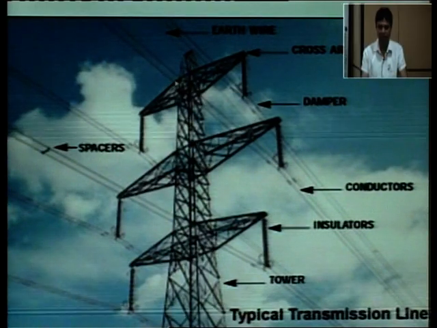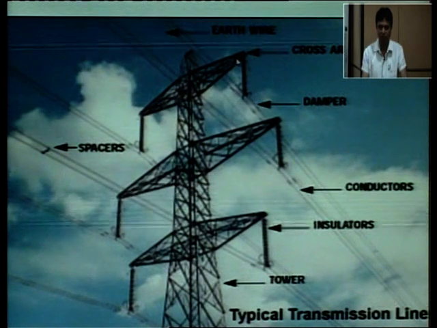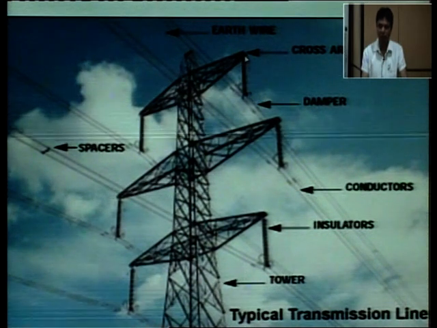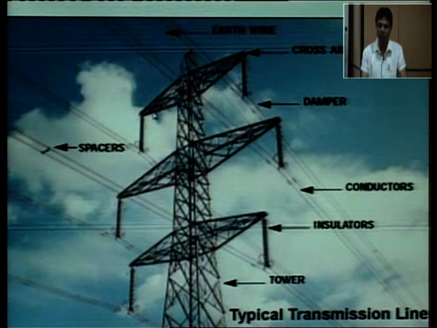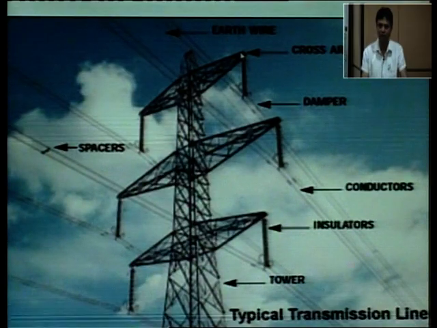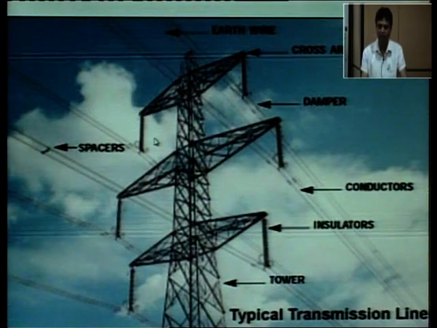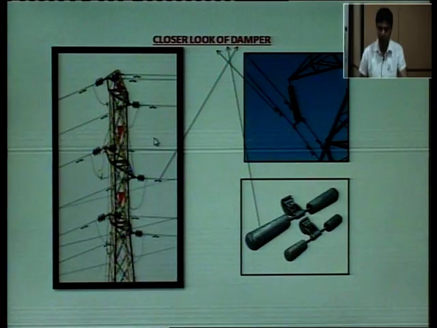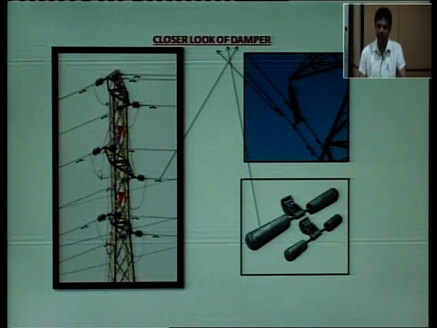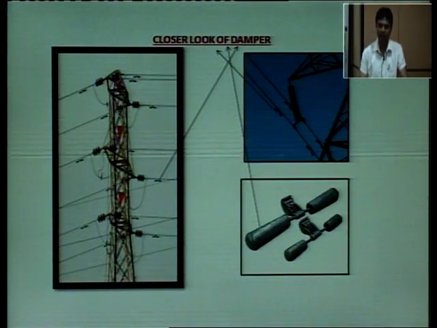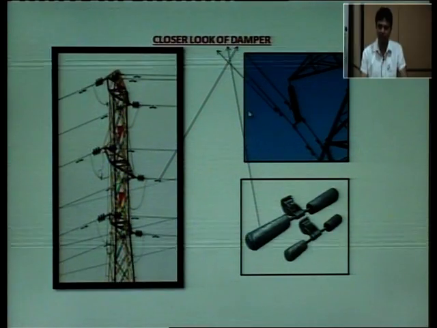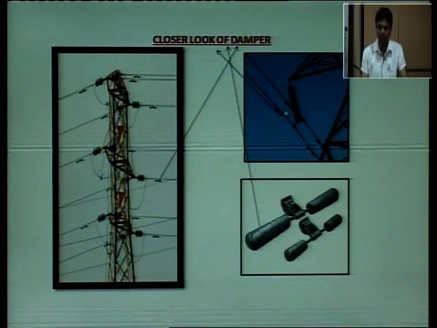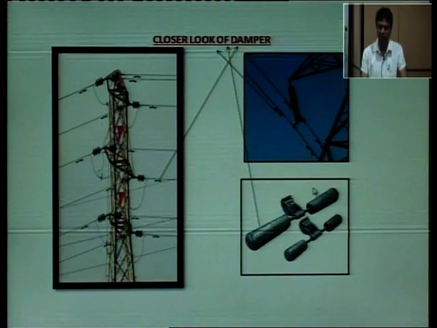So these are the cross arms, viewers. So these are the arms of a tower. So in this diagram dampers are shown. So viewers, these are the dampers.